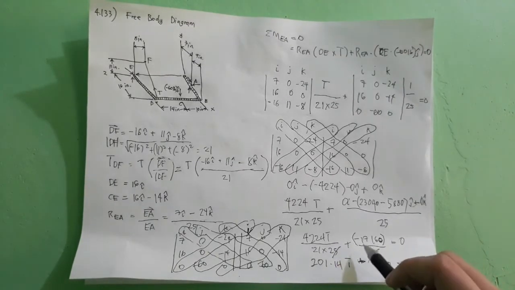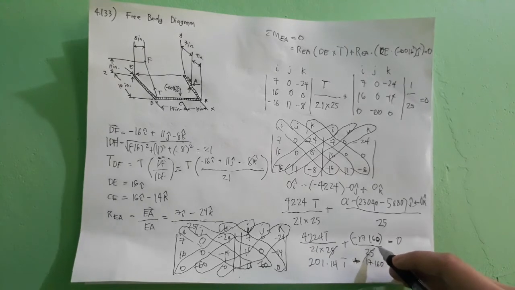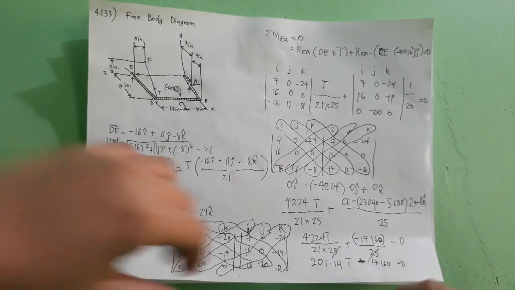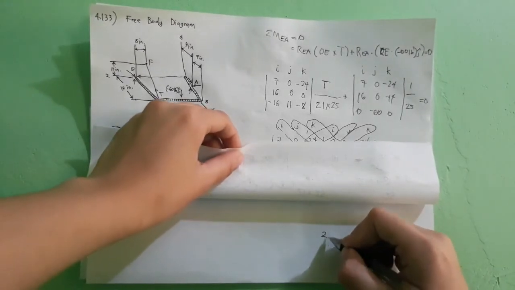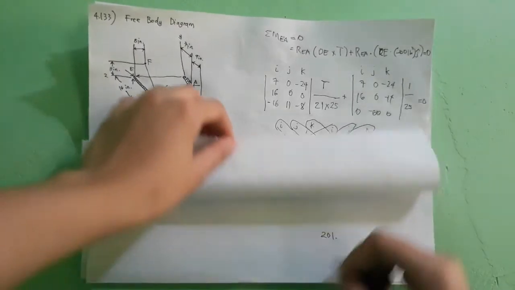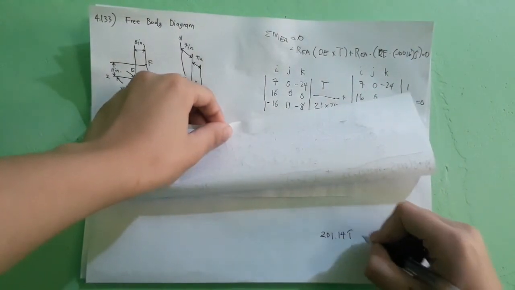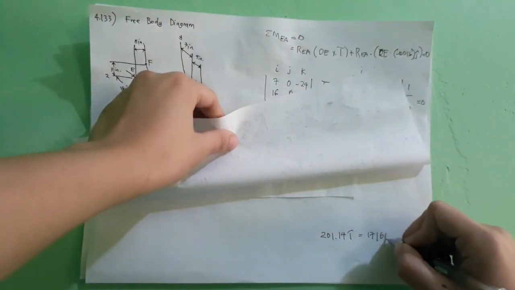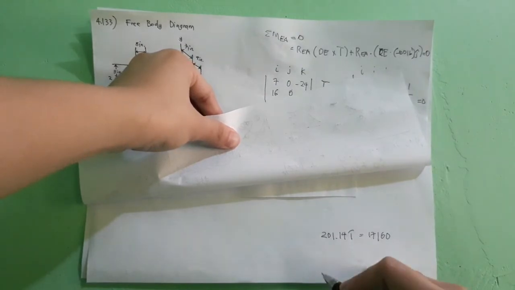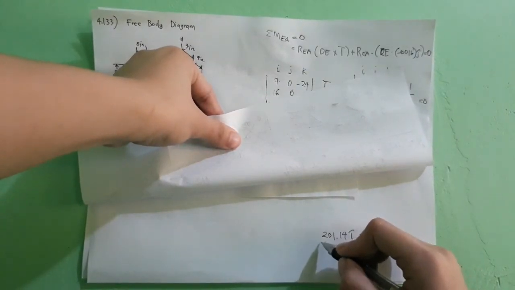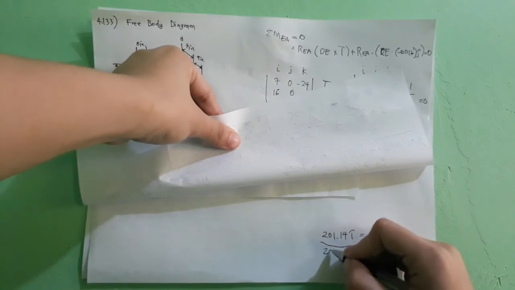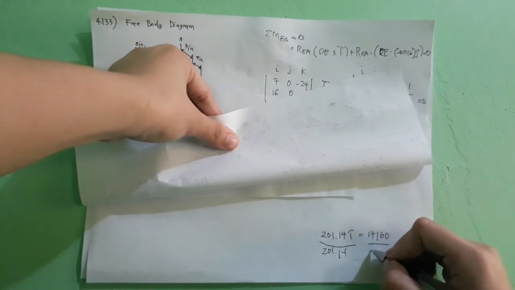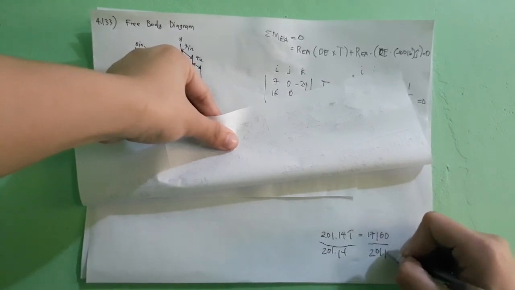We have negative 17,160, so transpose this to the other side. So 201.14 T is equal to 17,160. Divide both sides by 201.14 to get the tension of the cable.